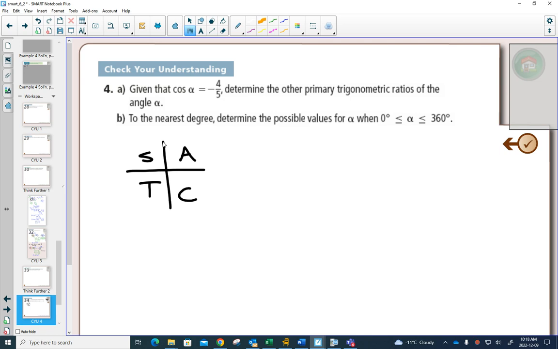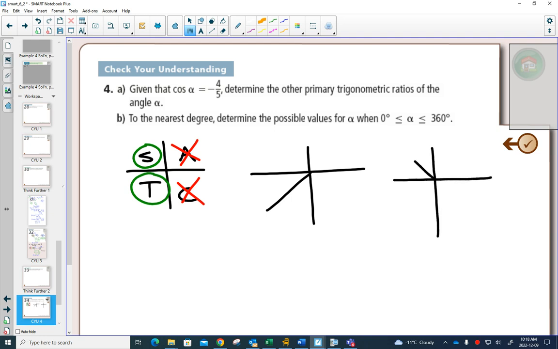We're told in this situation that cos is negative, so it can't be in 1 and 4, it has to be in 2 and 3. So I can draw an angle in quadrant 3, and I can draw an angle in quadrant 2. I can label the reference angle on both of those, and I can make a triangle.